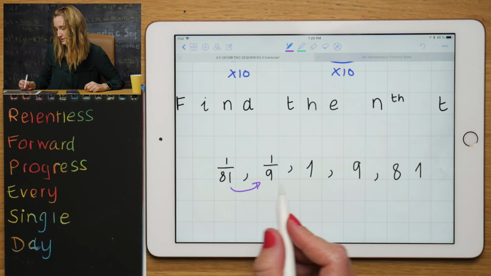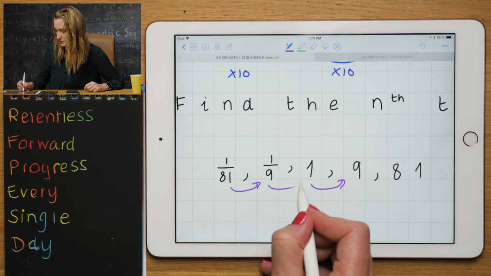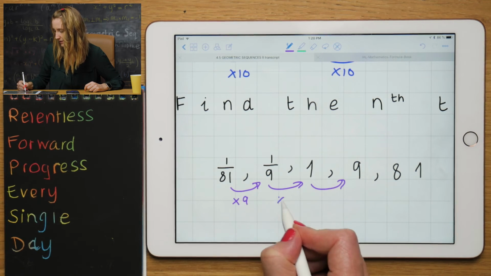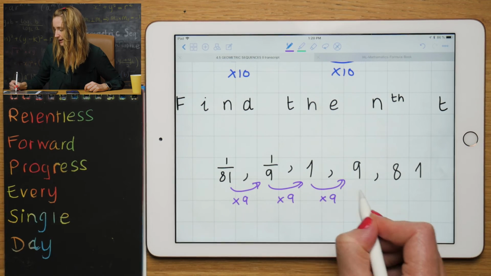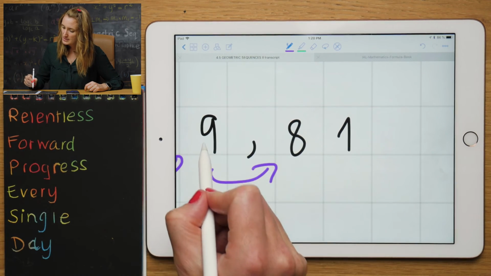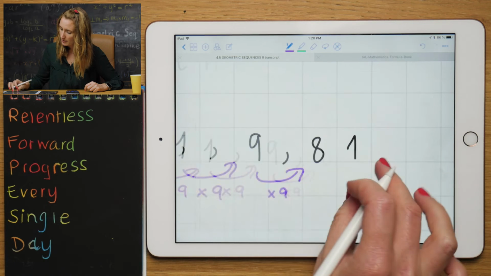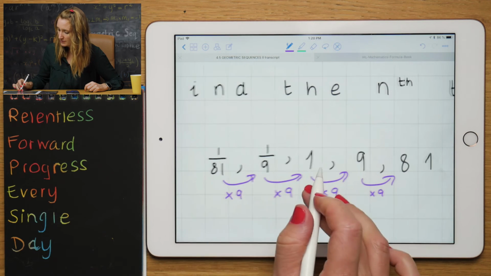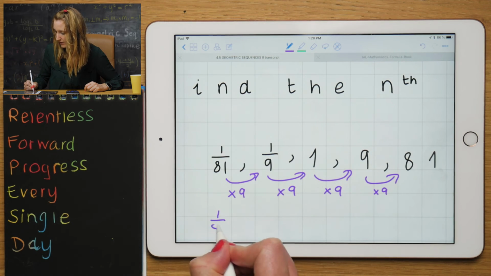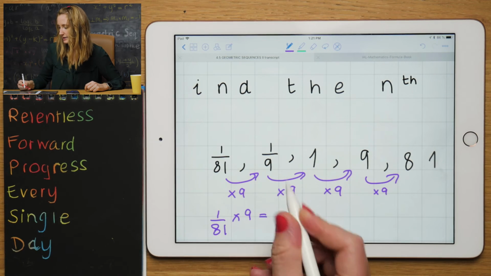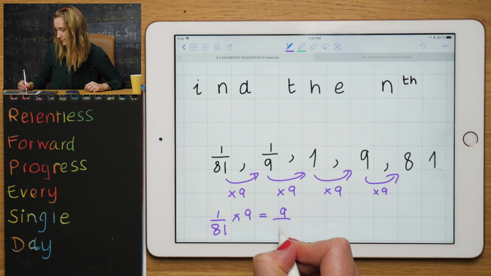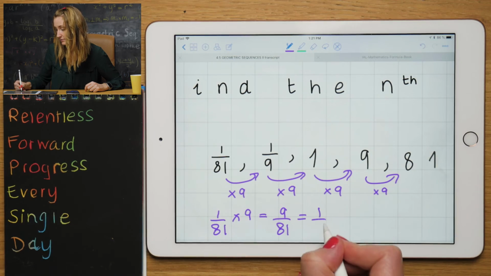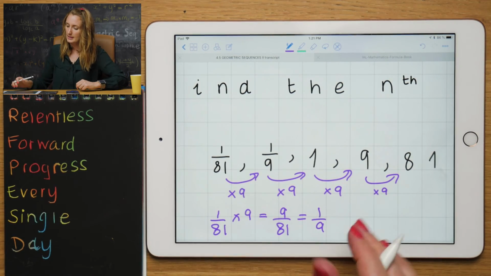Last one, in a similar example, you can see each one of these is being multiplied by 9. Again, it might be easier for you to see that 9 times 9 is 81 and 1 times 9 is 9, rather than seeing 1 over 81 times 9 is 1 over 9, although this will cancel down nicely.